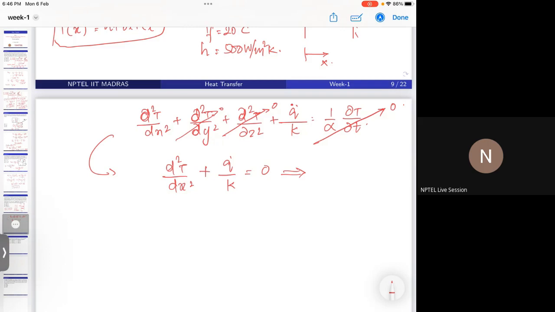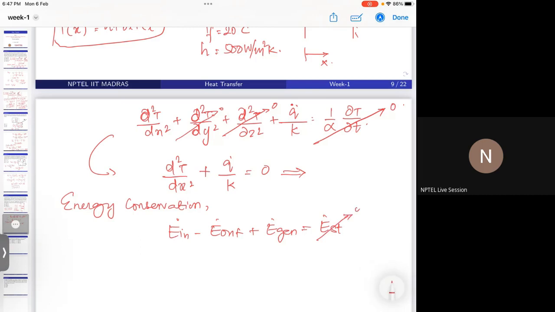Okay. Next, we will apply the energy conservation. What is energy conservation? E dot in minus E dot out plus E dot gen is equal to E dot st, the change in the energy within the system.